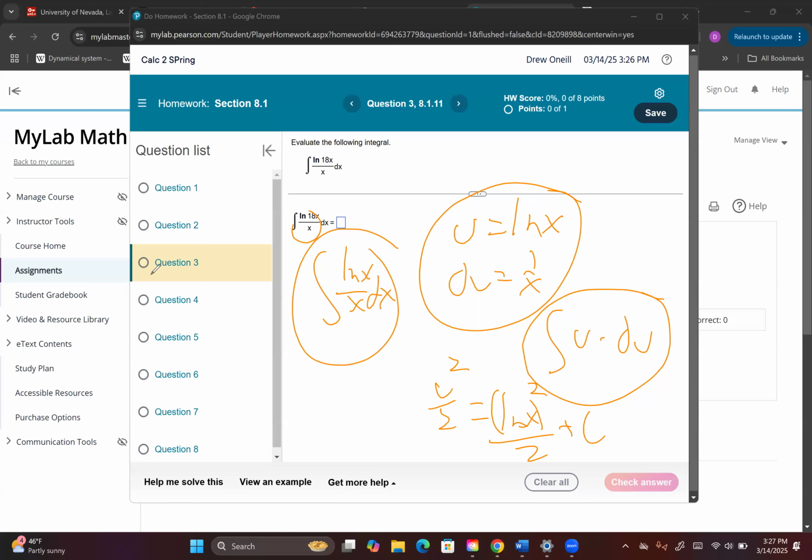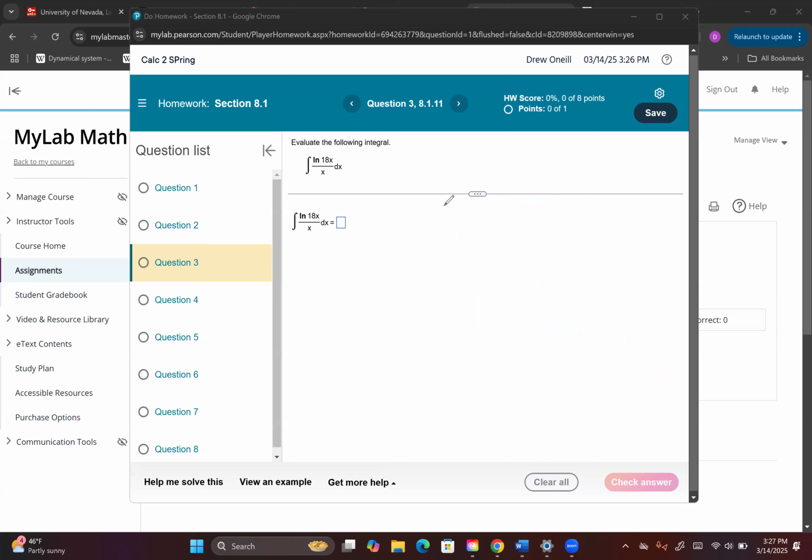Now, that will still work if we have an 18. And I don't want to do these all, but right now I'm going to kind of get us warmed up. So we still want u to be ln 18x. It's just that our du, we're going to have some 18. So it's going to be 1 over 18x times chain rule 18.